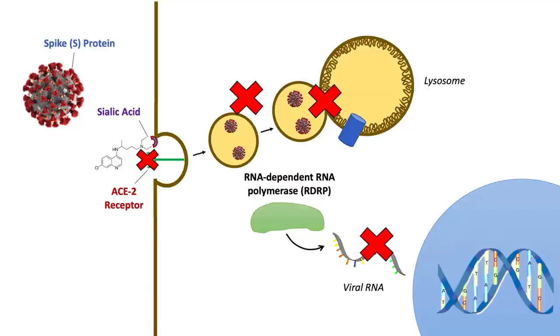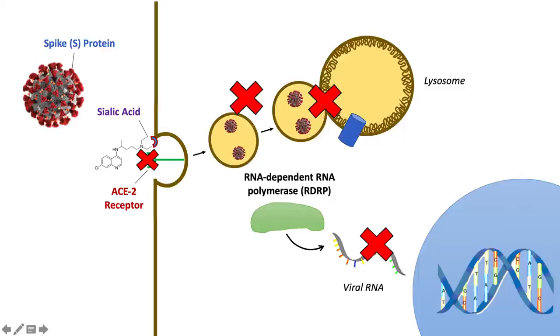So the way that chloroquine binds to the sialic acid, it prevents proper binding of the SARS-CoV-2 virus to the ACE2 receptor. So this is another mechanism by which chloroquine and hydroxychloroquine can inhibit the SARS-CoV-2 virus from actually infecting a host cell.